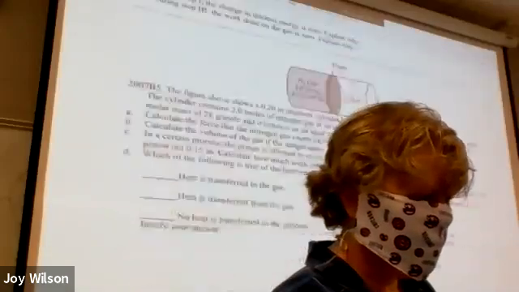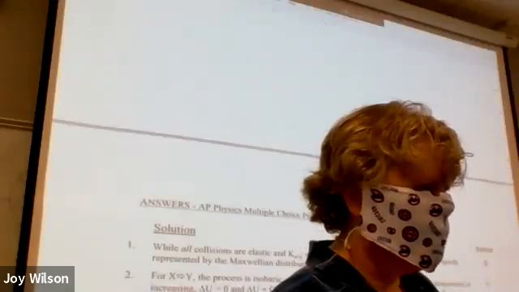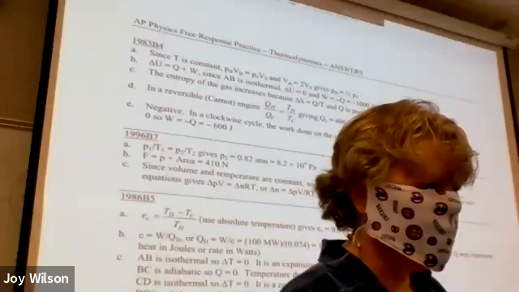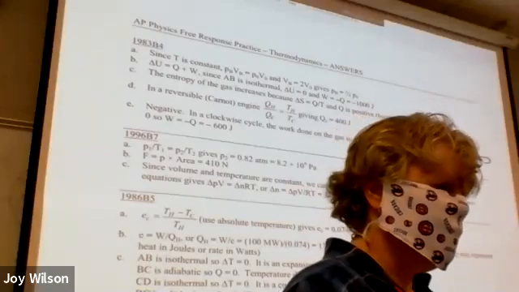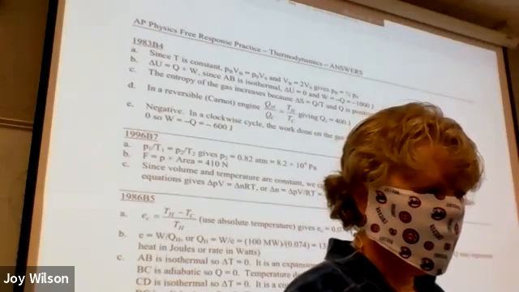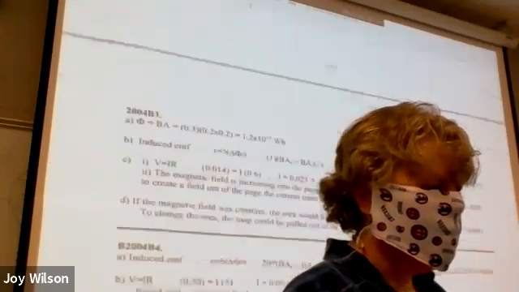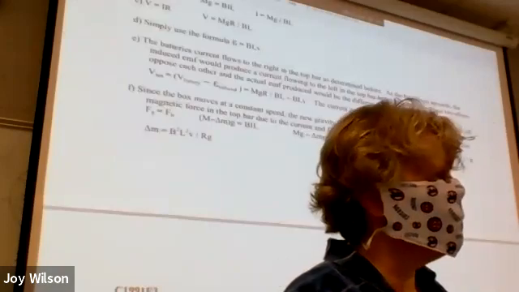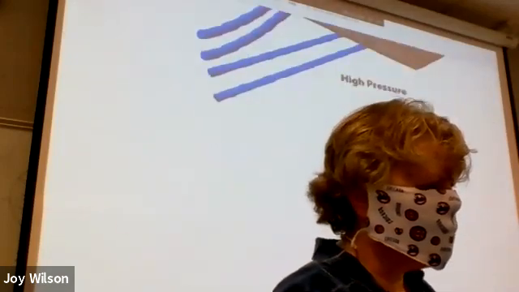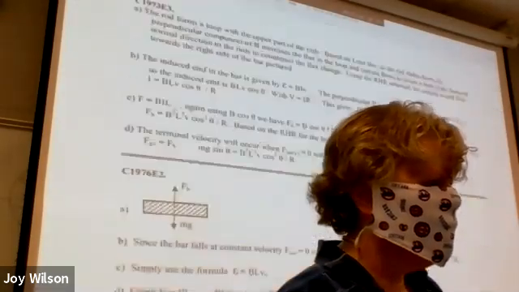If you have more that goes out than in, you've got, hang on just a second. More out than in is called a heat engine, and you're moving clockwise. If you're moving counterclockwise, that would be more energy in than out.